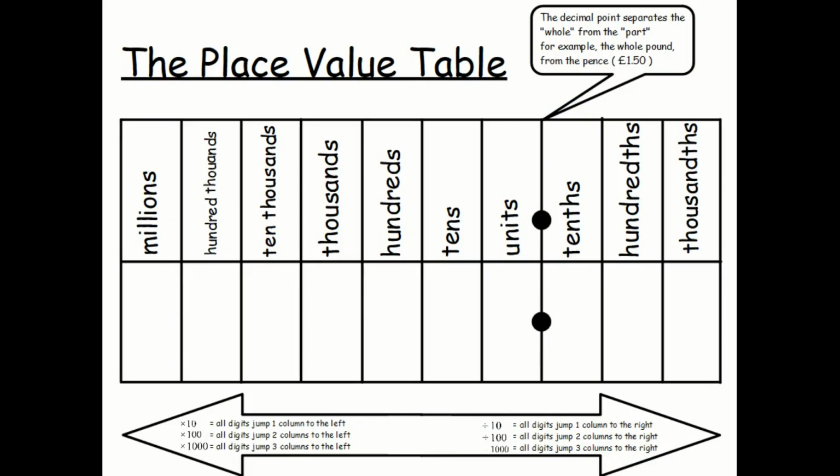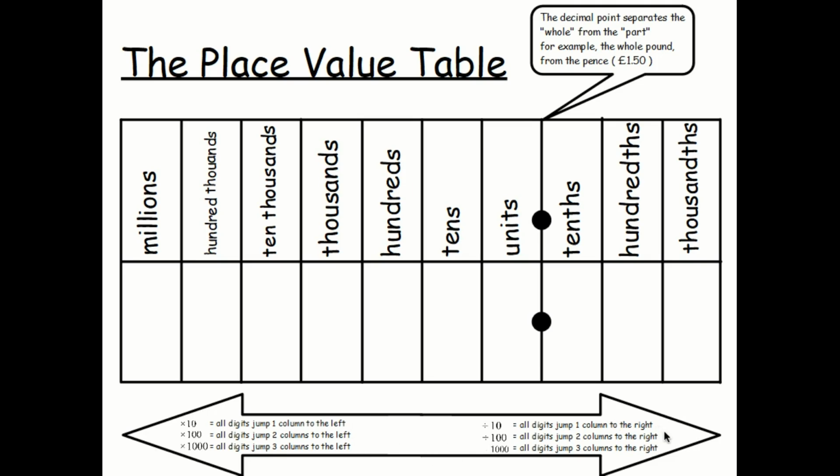To do these calculations, you really need to have a good understanding of the place value table and the fact that you jump to the left if you are multiplying by powers of 10. So all digits jump one column to the left if you're multiplying by 10, 2 columns to the left if you're multiplying by 100, and 3 columns to the left if you're multiplying by 1000.